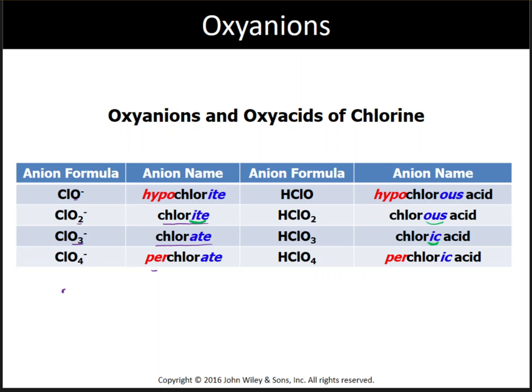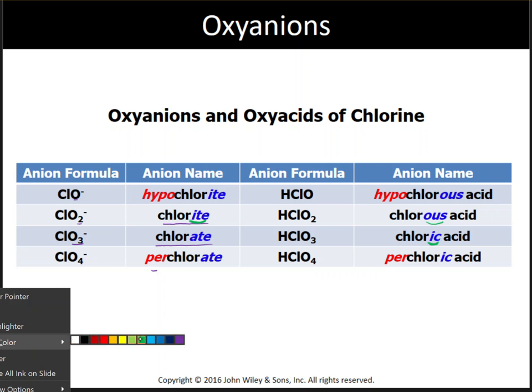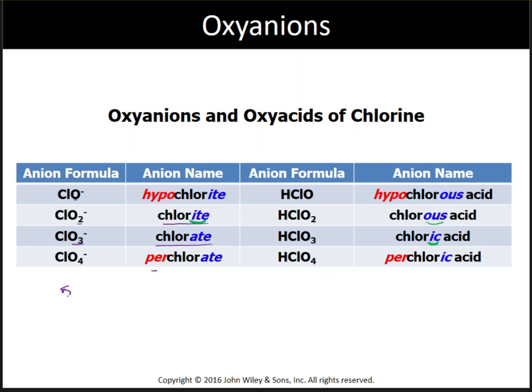So for example, SO4²⁻ is a sulfate ion. Now if we combine this with hydrogen, H2SO4 becomes sulfuric acid.